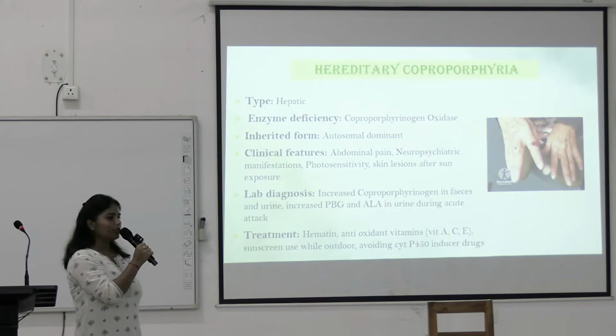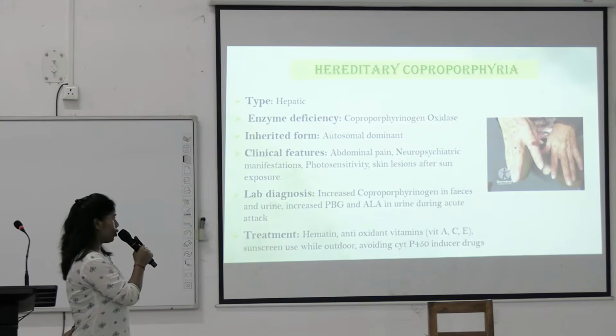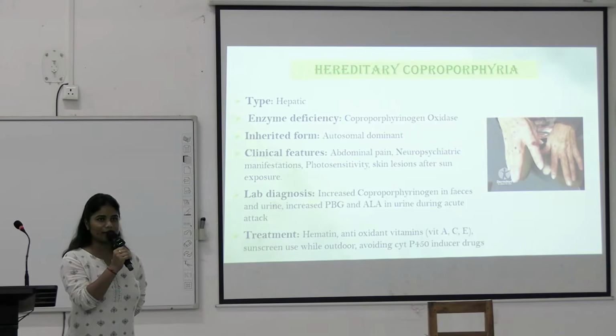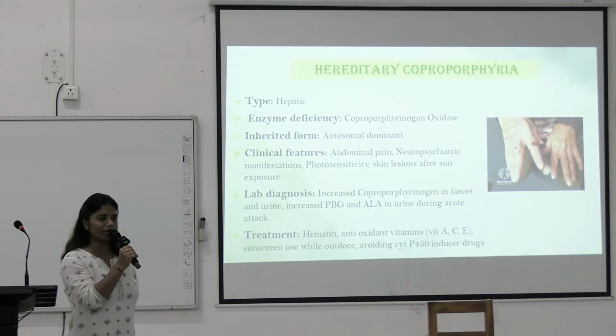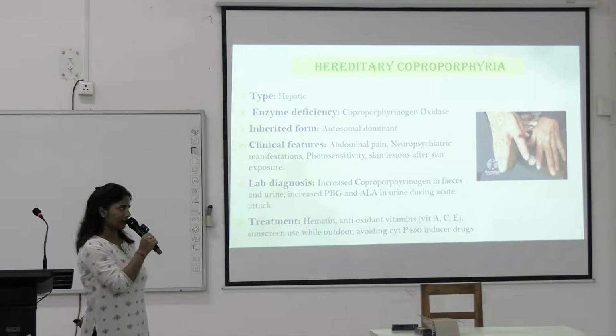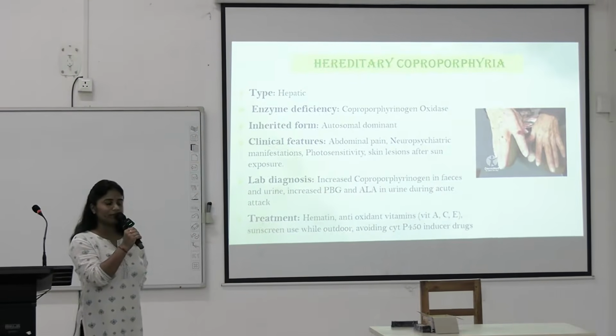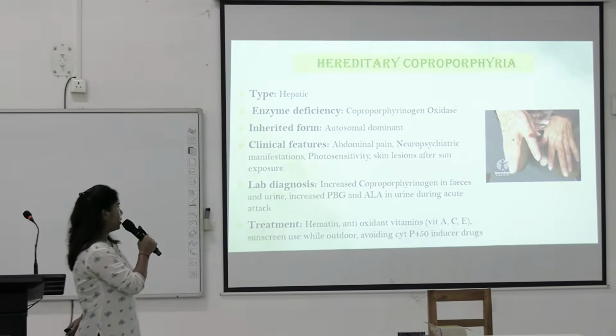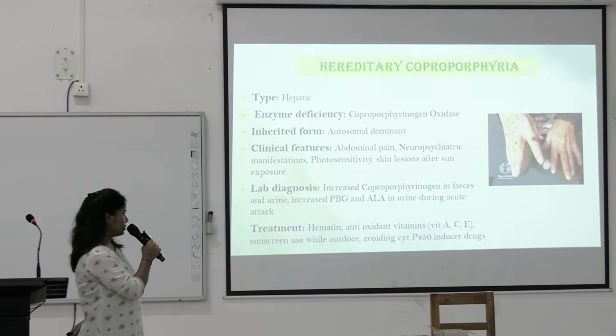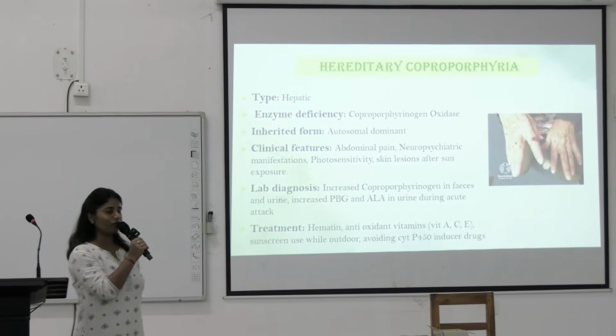It can be diagnosed in the lab by the increased level of coproporphyrinogen in the fecal matter and the urine, and the increased level of ALA and PBG in the urine during acute attacks. Its treatment is hematin, antioxidant vitamins like A, C and E, using sunscreen while outdoors, and avoiding cytochrome P450 inducer drugs.